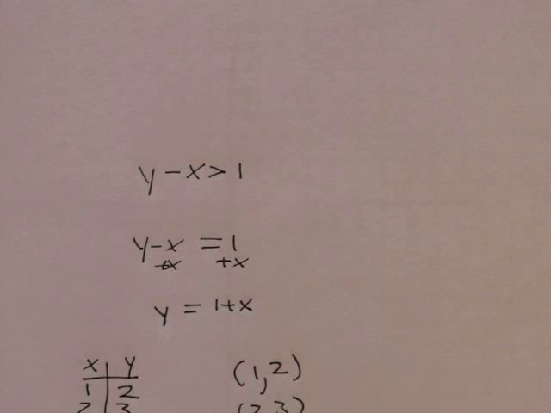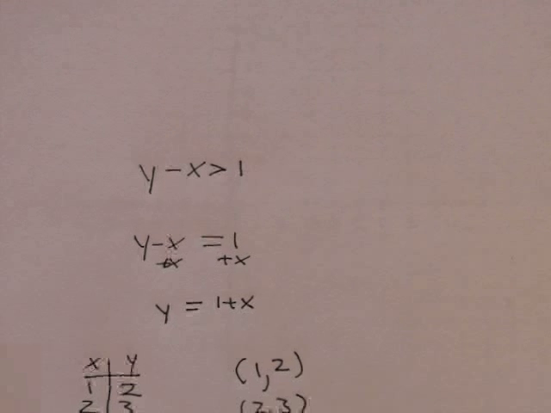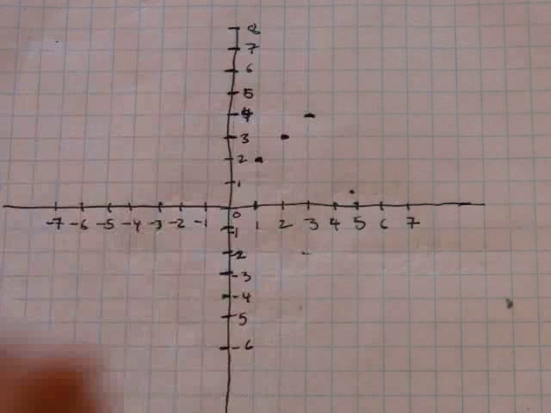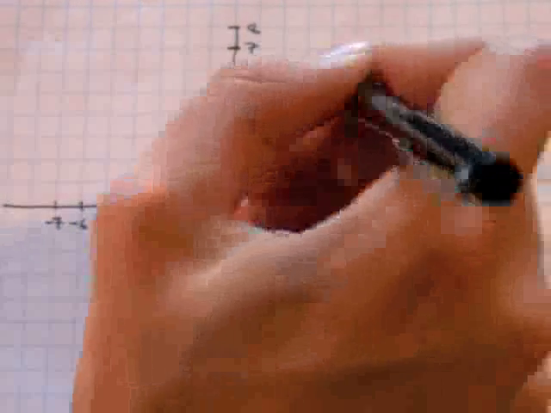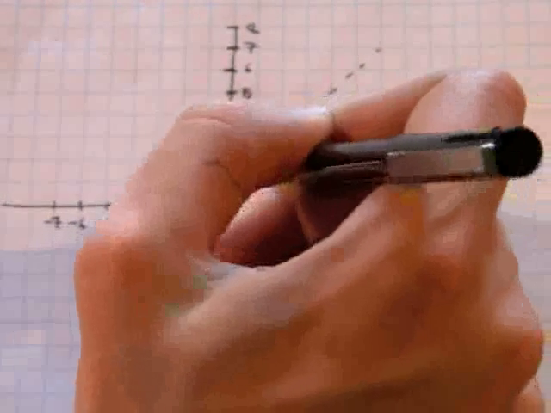If it's just a greater than or a less than, you're going to use dash marks for your line. And this is how it would look, just like this. Not a solid line.